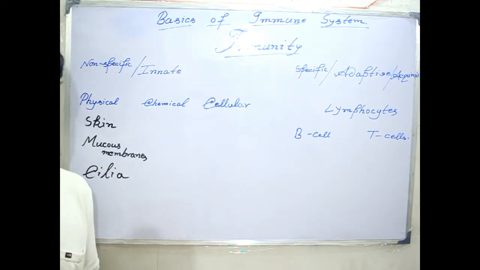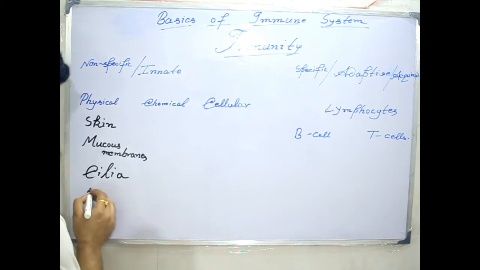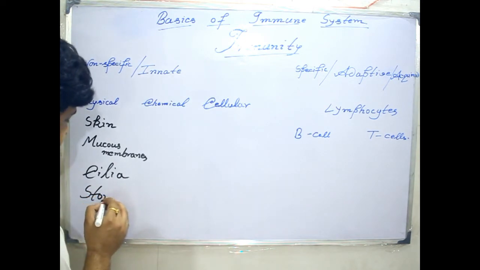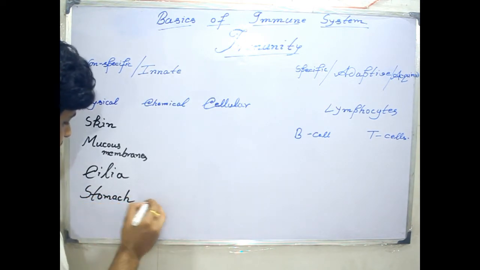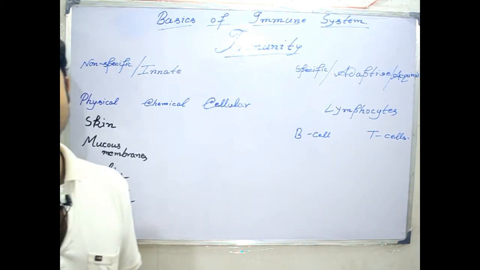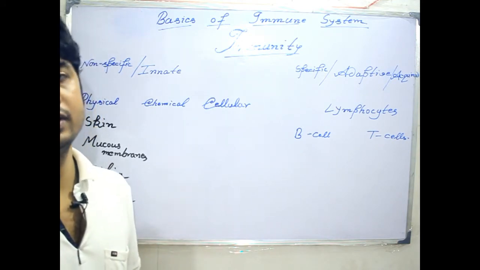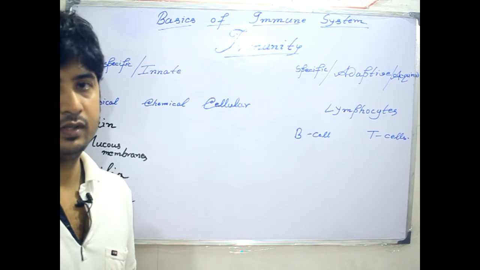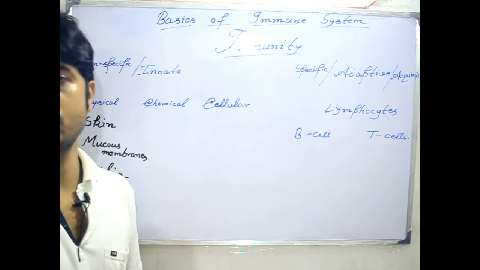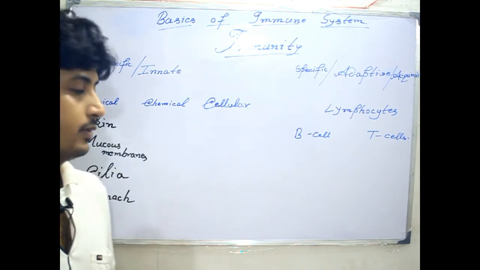Apart from that, you know that our stomach contains HCl, so no bacteria or pathogen can stay alive after passing through the stomach. So it is also an anatomical barrier.